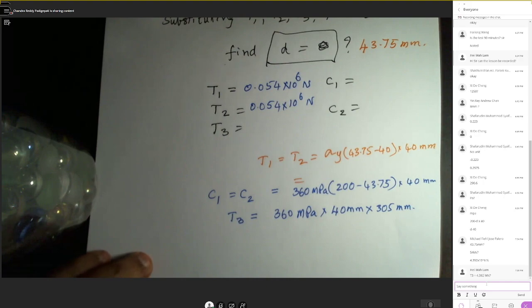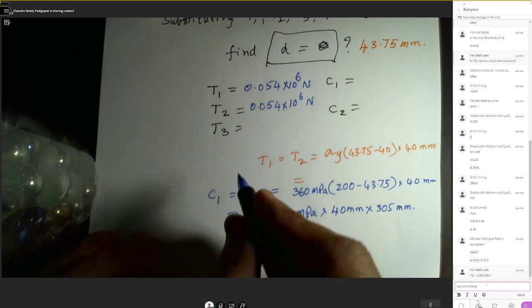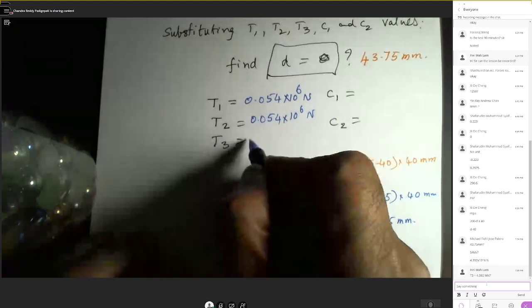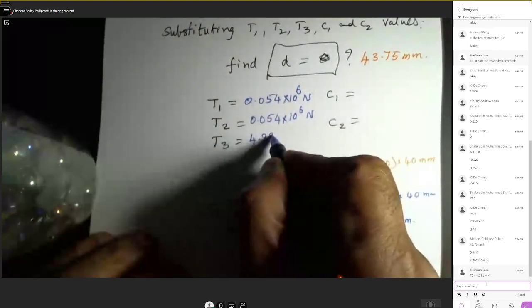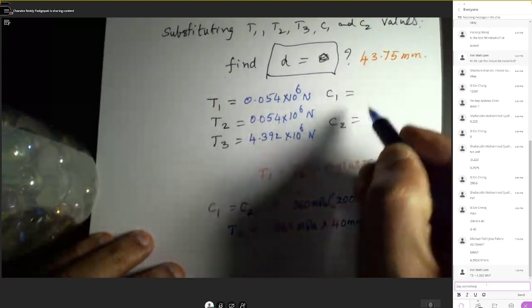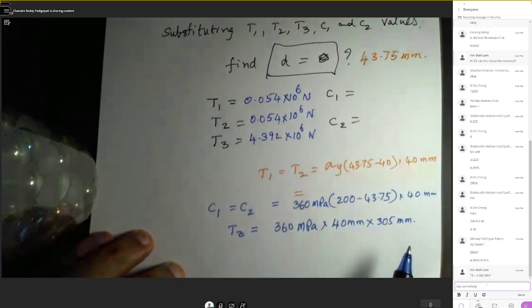Yeah, that's correct. So we can write P3 is equal to 4.392 into 10 power 6 newtons. So similarly calculate C1 and C2.